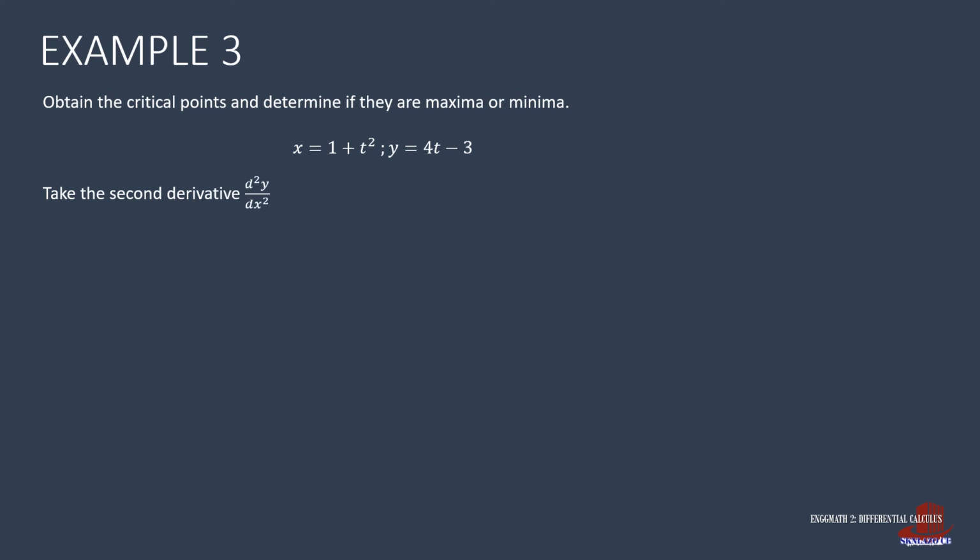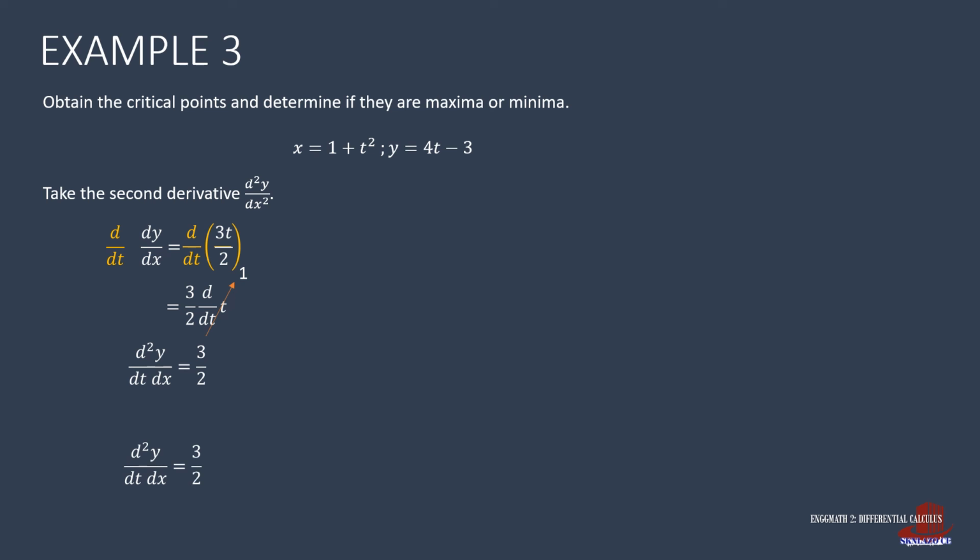After identifying the critical point's location, take the second derivative in order to know if the point is the highest or the lowest in the curve. What we got is dy over dx equal to 3t over 2. Differentiate it with respect to t, so as to simplify the right term. dt over dt is 1, leaving the coefficient of 3/2 as the second derivative of y with respect to t and x.